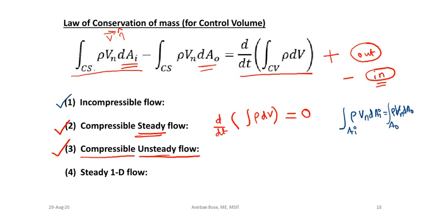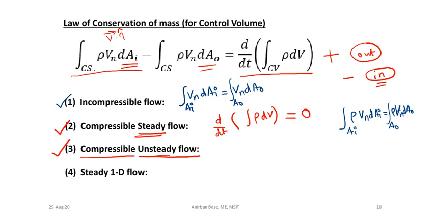So in that case we can at least write, for incompressible flow, in general that integration Vn dAi is equal to integration Vn dAo. Okay, where this integration is over the whole inlet, and this is integration over the whole outlet. So this is basically the form of the incompressible flow.